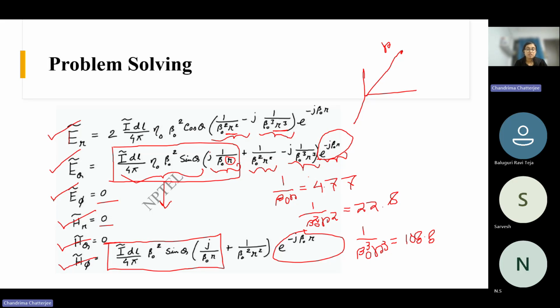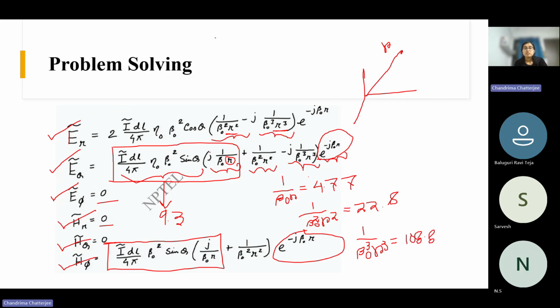So 0.01, 377, 0.094 square, 45. Okay, fine. Then 4 pi divided by. So this whole portion, this is 9.3.